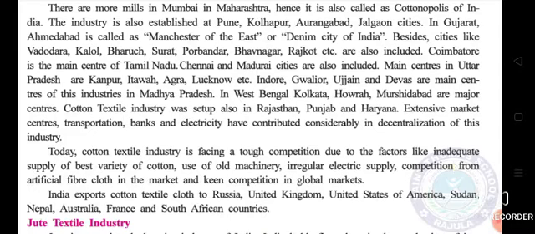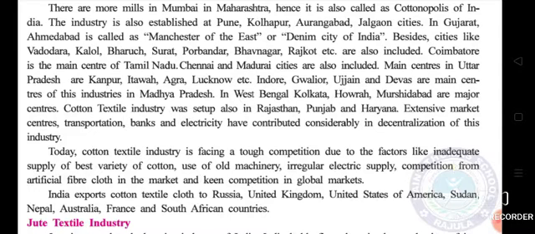Today, the cotton textile industry is facing tough competition due to factors like inadequate supply of the best variety of cotton. Inadequate means the lack of the proper variety. That is one of the problems we are facing.